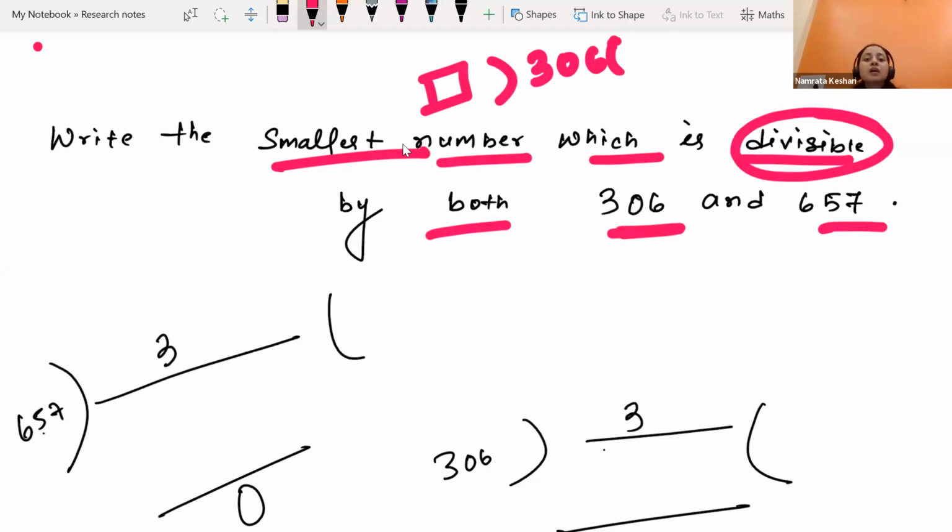But here the question says which is divisible.